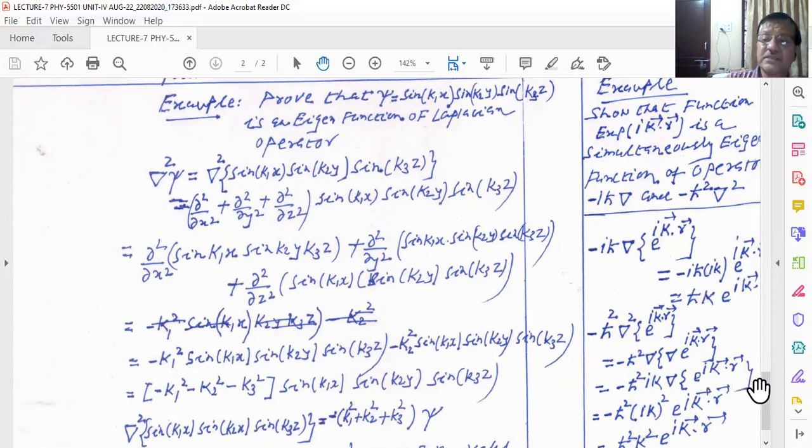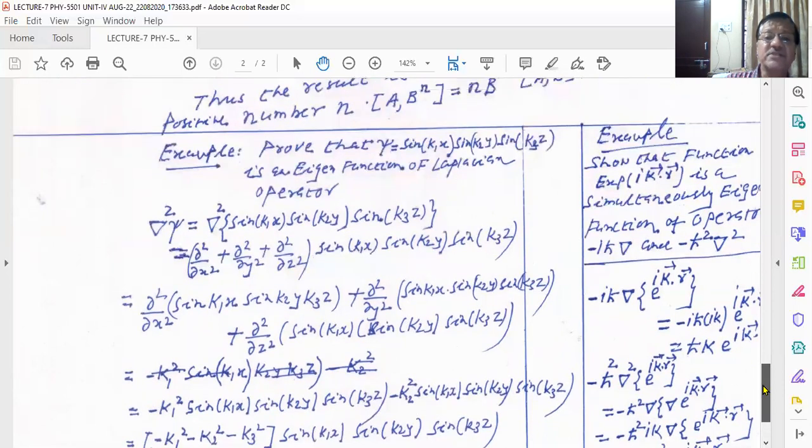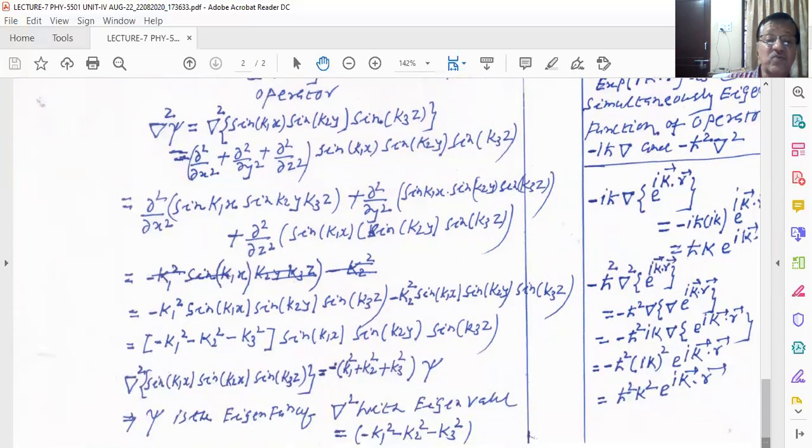Look at this. This is your wave function psi, which is given: sine k1 of x, sine k2 of y. So your wave function is again appearing here, as you see. So what we have proved is that del square operating on psi is equal to some constant into psi. This constant is the eigenvalue of the operator del square.